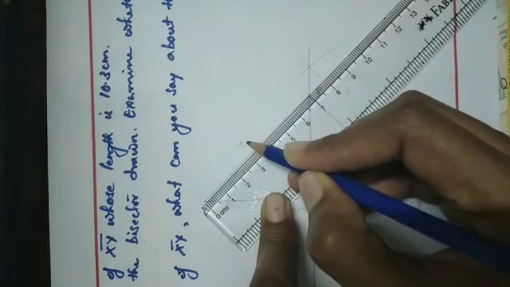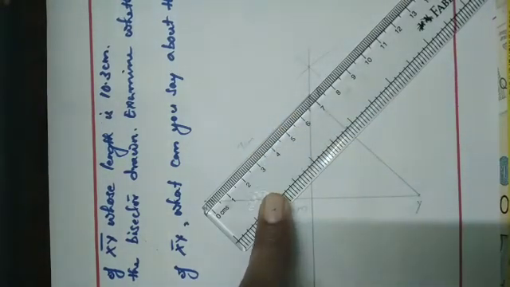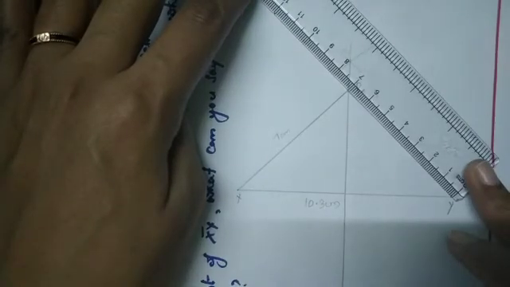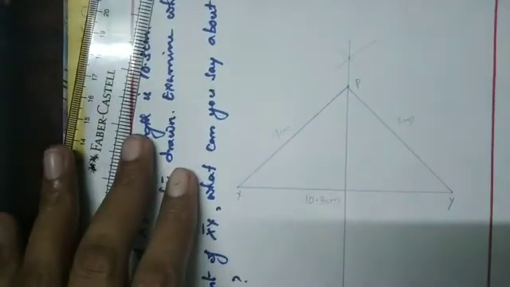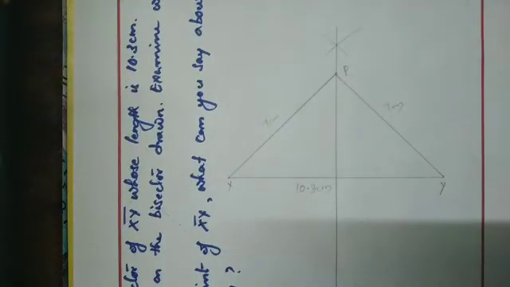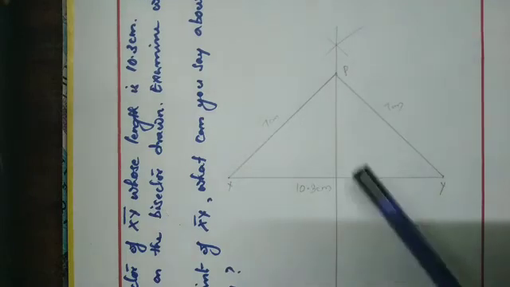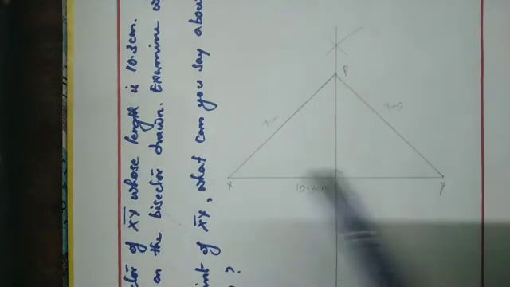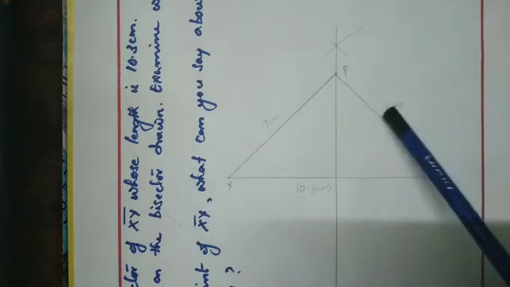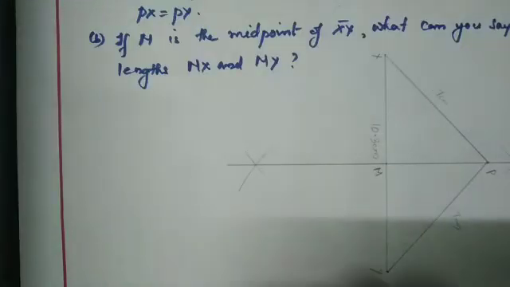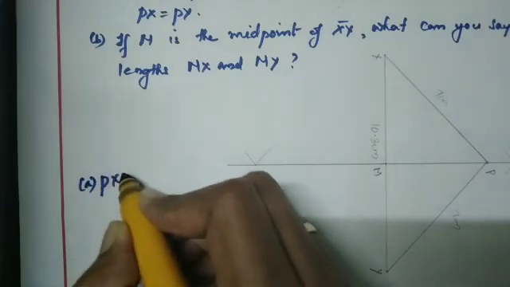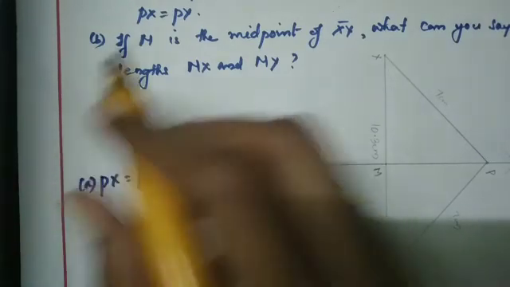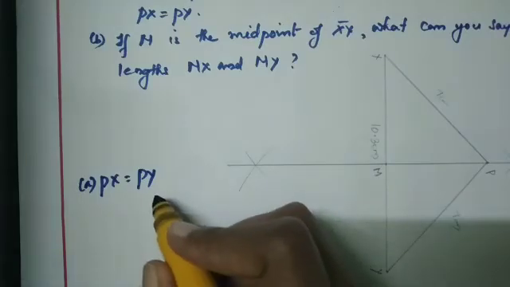PY is also 7 centimeter. Yes, PX and PY have the same measure, both are 7 centimeter. So the answer is PX equals PY.